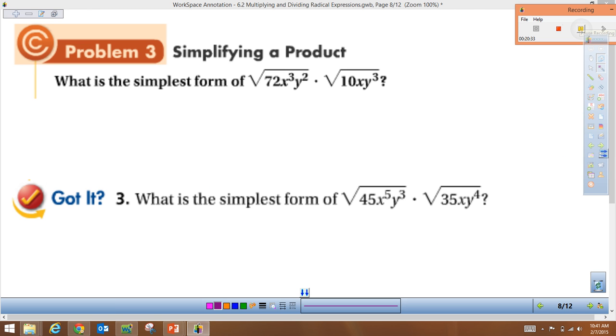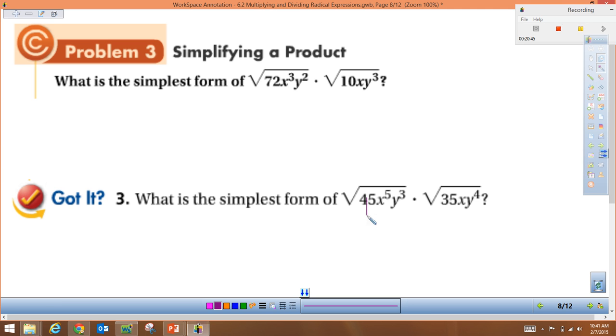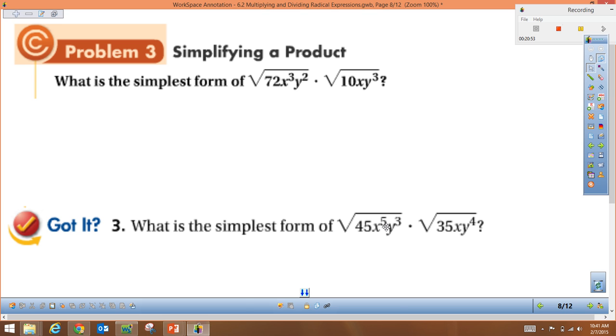A couple more examples of simplifying the product. What we're going to do here is a little more complex than the ones prior. So pay very close attention because I can't be there to help you when I'm done. Let me move this one out of the way. I might need a little more room.